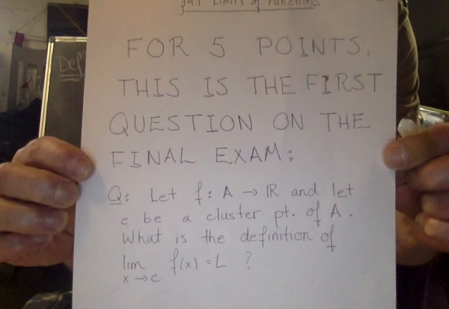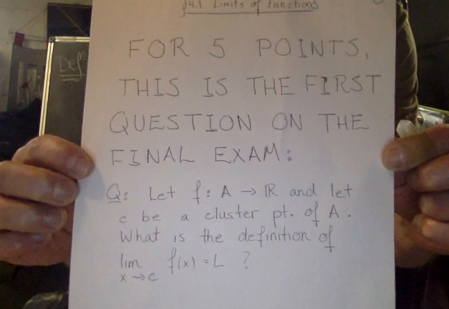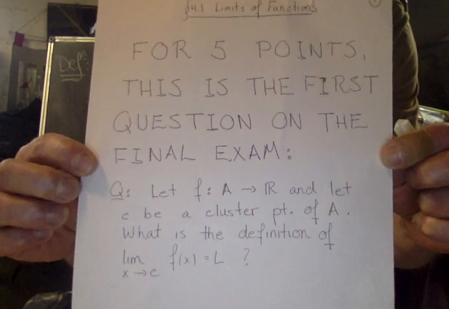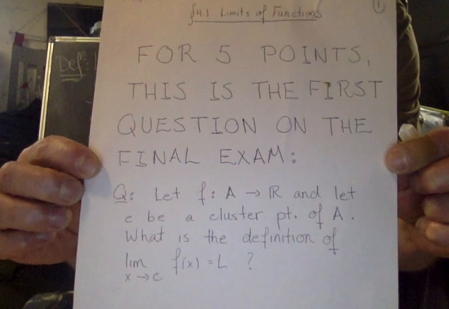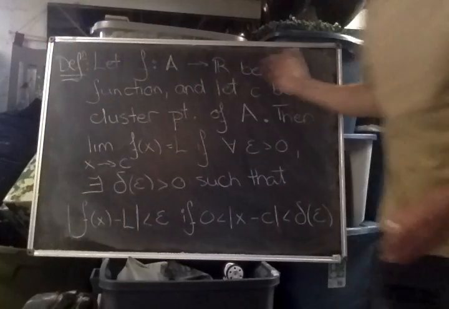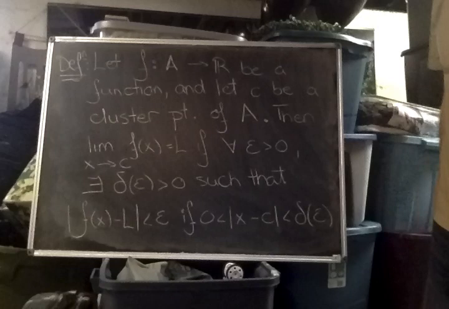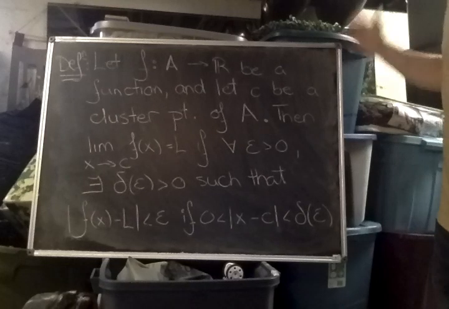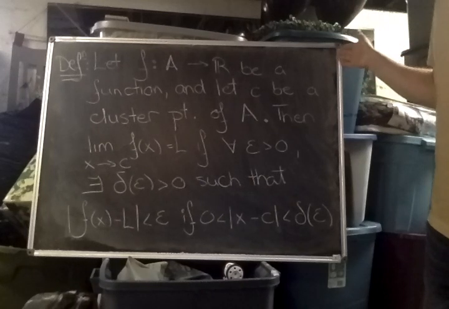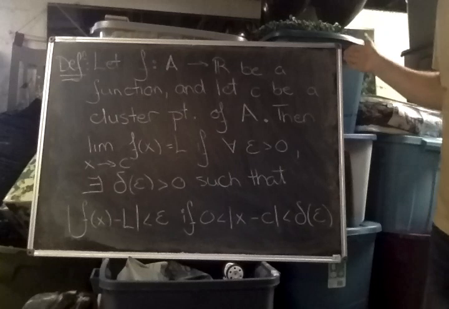Let f from A to R be a function, and let c be a cluster point of A. What is the definition of the limit as x approaches c of f of x is equal to L? Okay? And there, on the board, is the answer. That is the answer to the first question on the final exam. It is worth 5 points. Very similar to the answer to the first question on the midterm.